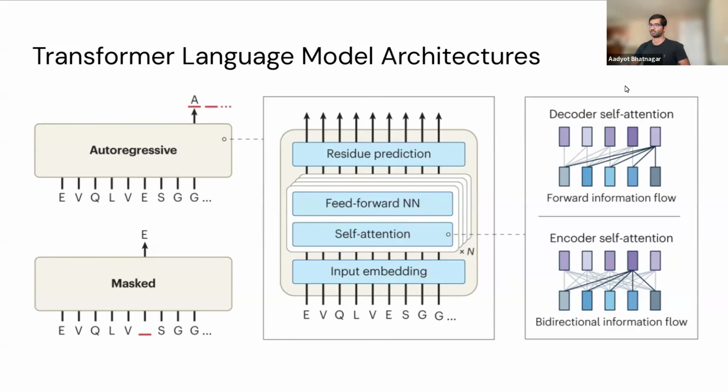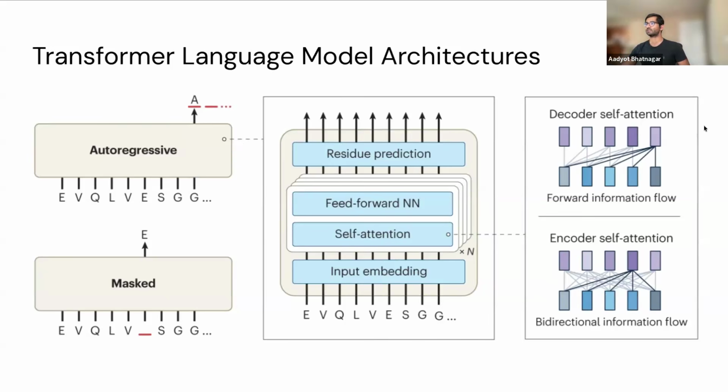These are the self-attention component and then a feed-forward neural network. So the way you determine a protein language model's capabilities are really based on these two features, the self-attention and the residue prediction. So for example, if we're dealing with autoregressive models, the residue prediction task is to predict the identity of the next amino acid at every position.